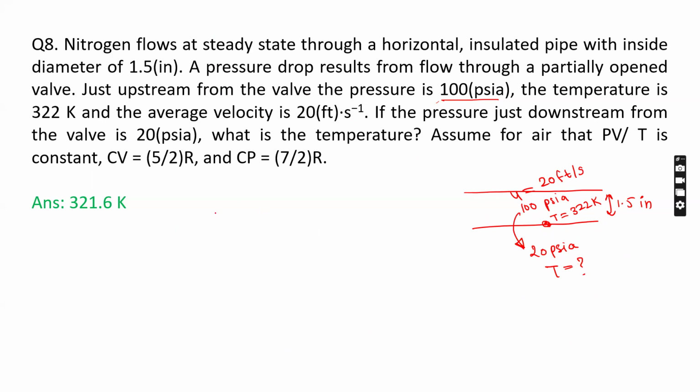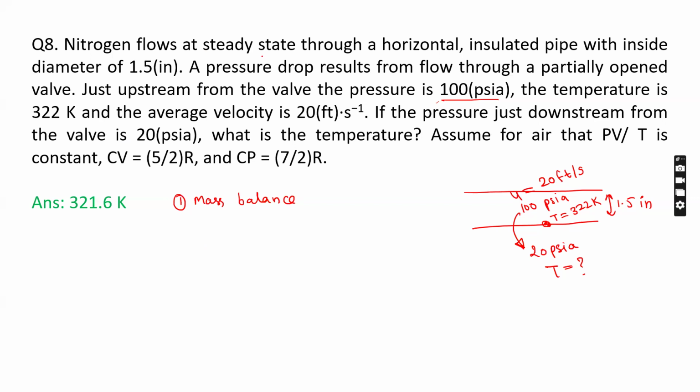So coming to the system, we generally have two balances. The one is the mass balance. We see the flow is at a steady state.